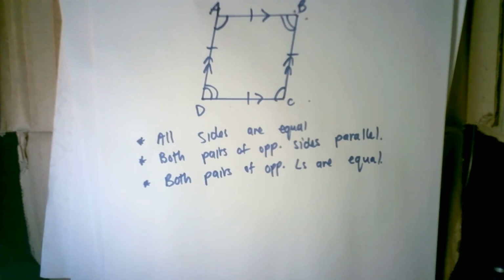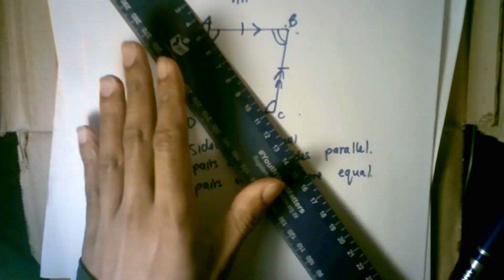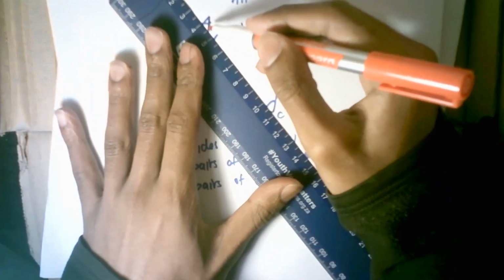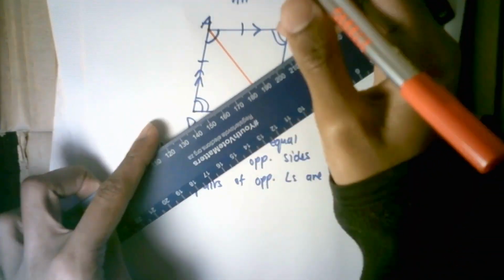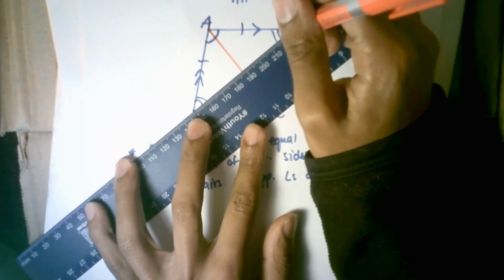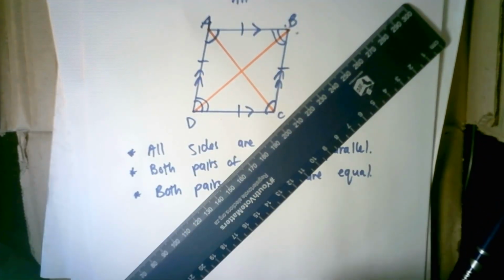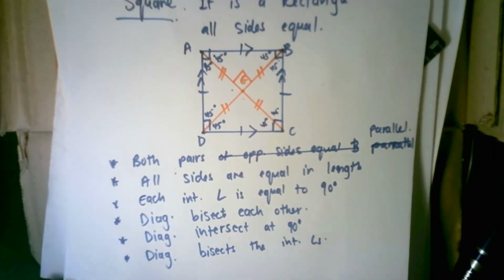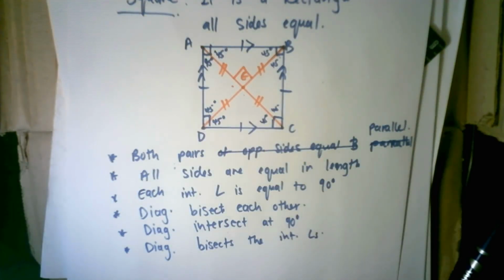Now I find the diagonals of a rhombus very interesting, and it's nice to actually do an investigation in class if time permits, or you can do an investigation on your own and check this out for yourself, or maybe on Sketchpad or GeoGebra if you like. So if I have a square, let's go back to our square, and if I tilt the square, because the informal definition of a rhombus is that it's just a square that's tilted, right?